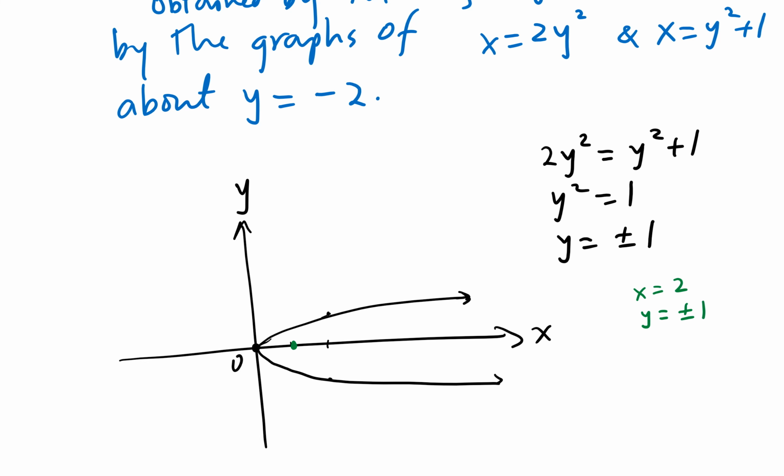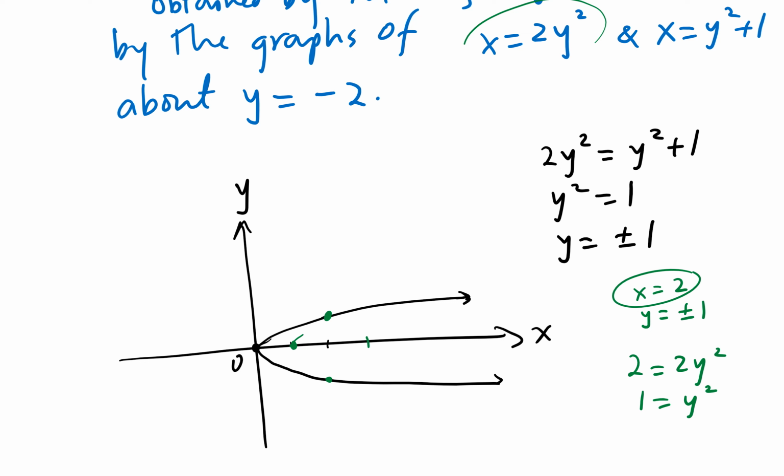If you want to know how this is traced, you can substitute x equals 2 in here, which gives 2 equals 2y squared, so again you get plus or minus 1. They both intersect at the same point here.